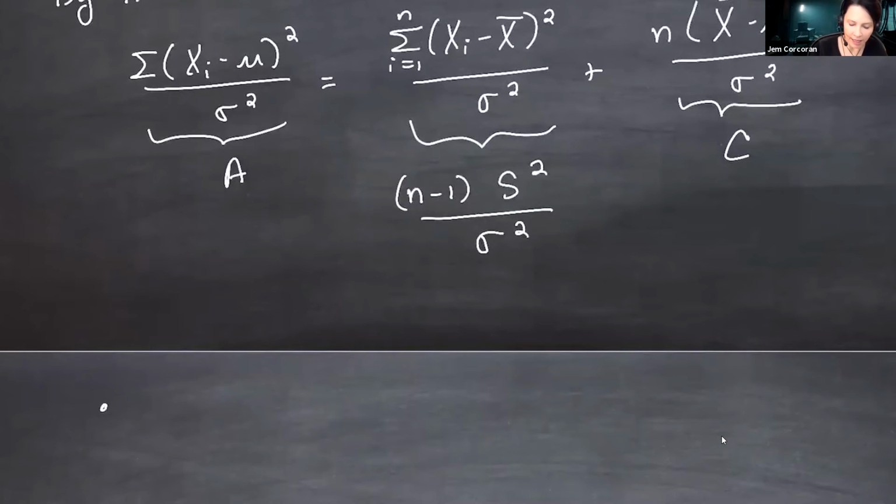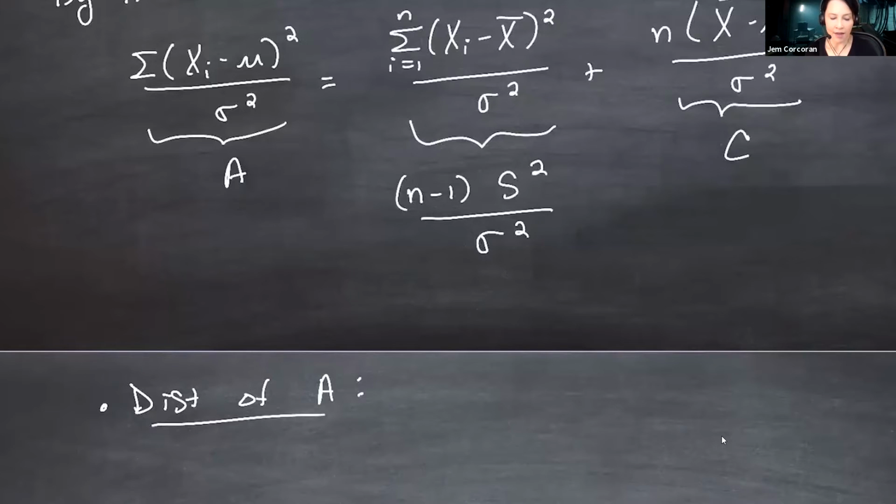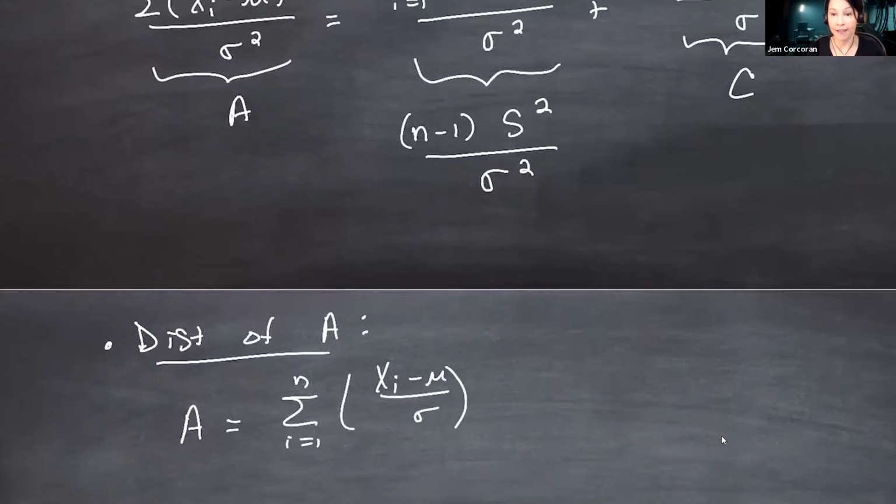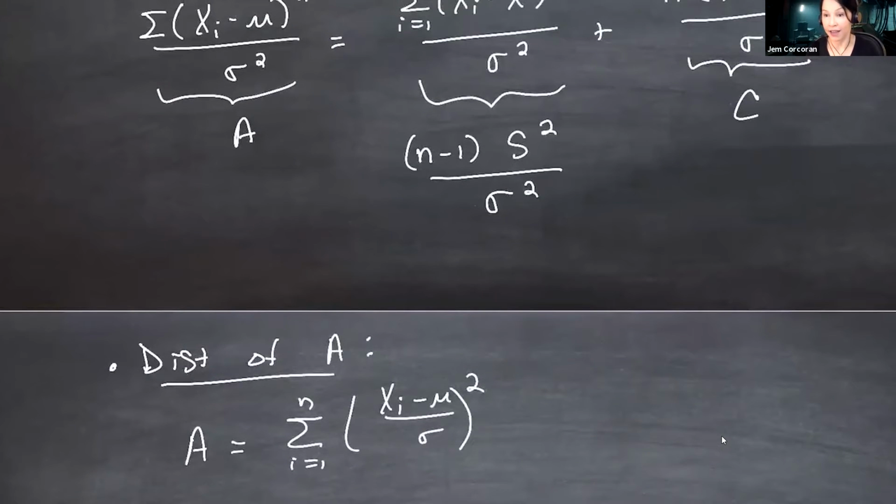So let's look at the distribution of A. I am going to rewrite this whole thing as I'm going to pull the 1 over sigma squared into the sum, and then I'm going to pull the square out of everything. So A is actually equal to the sum as i goes from 1 to n of xi minus mu over sigma, squared. Just another way to write A.